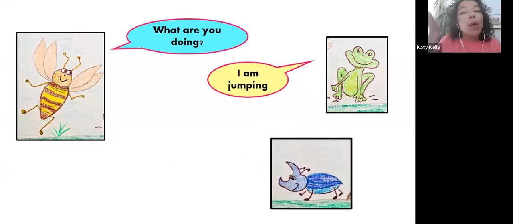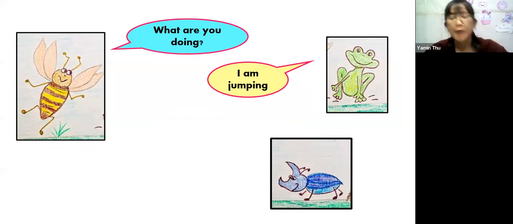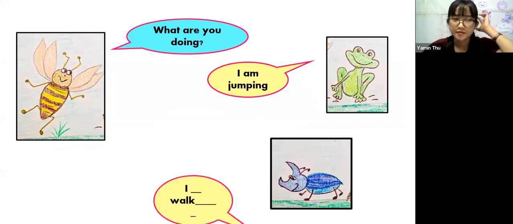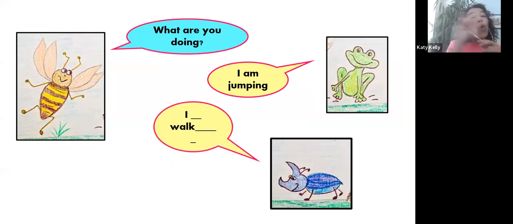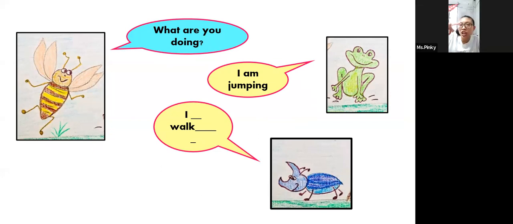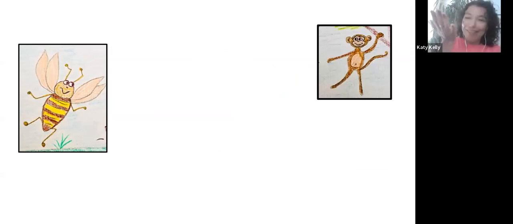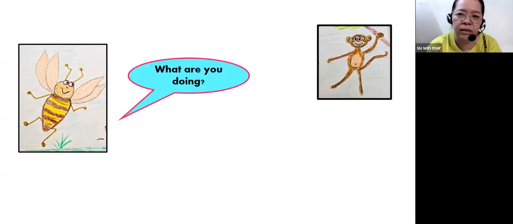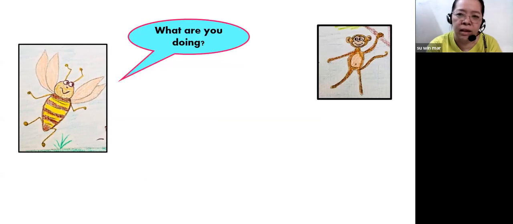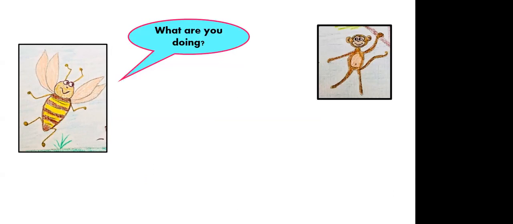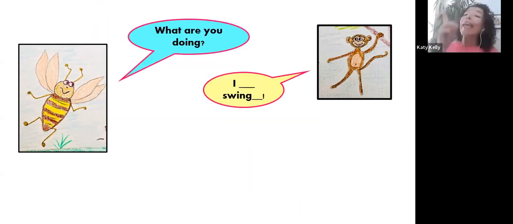And she says, "I am walking." Good job. Perfect. Now, Bella says, "What are you doing?" The monkey said, "I am swinging." Fantastic. Good job.